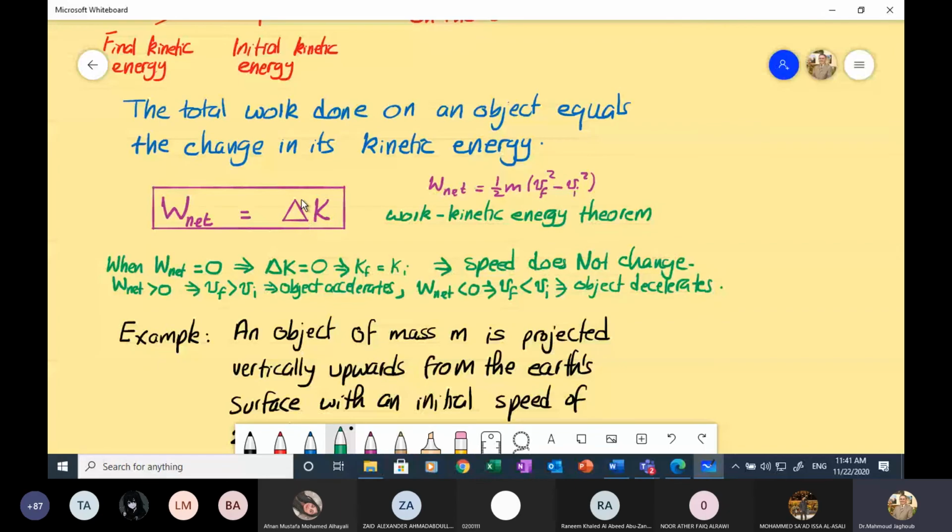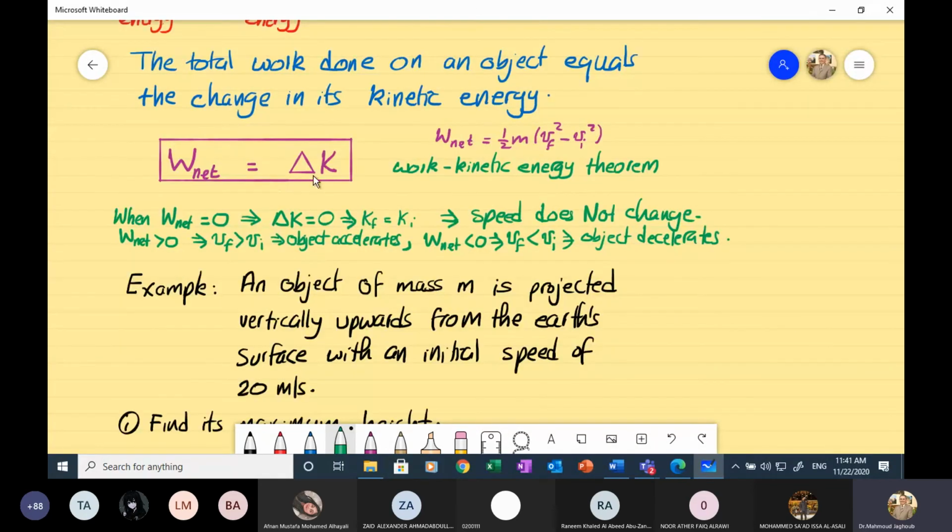Okay? So always, if the net work done on an object is positive, the speed of the object increases. If it is negative, the speed decreases.